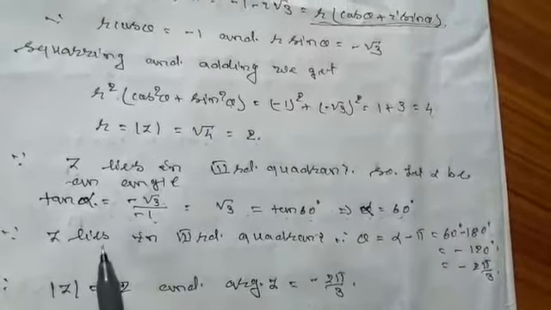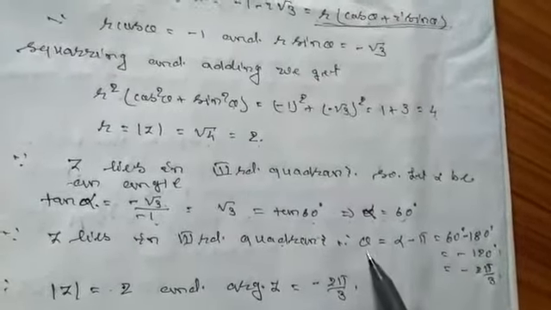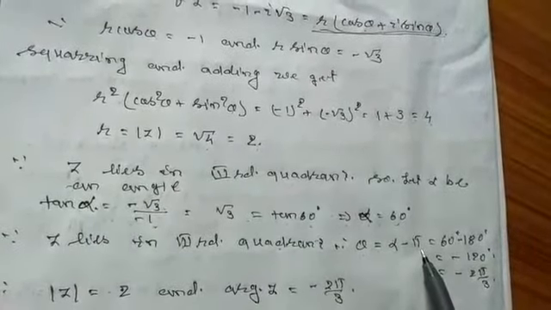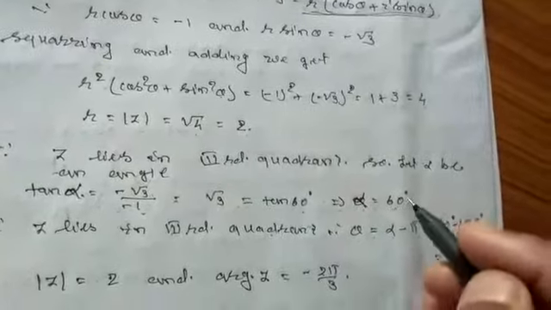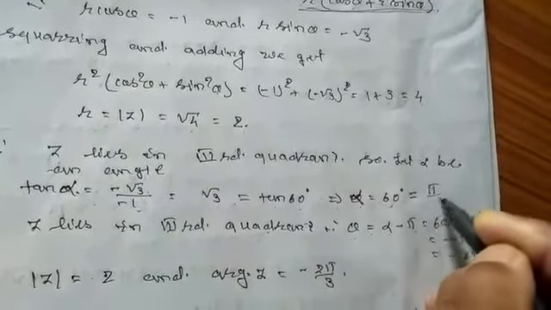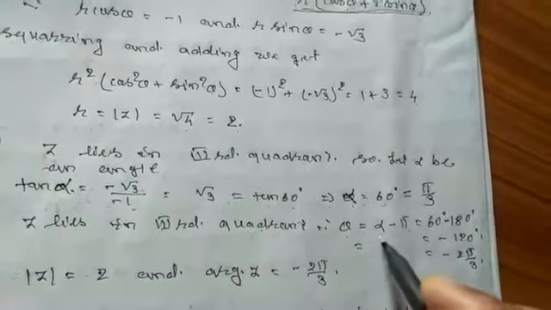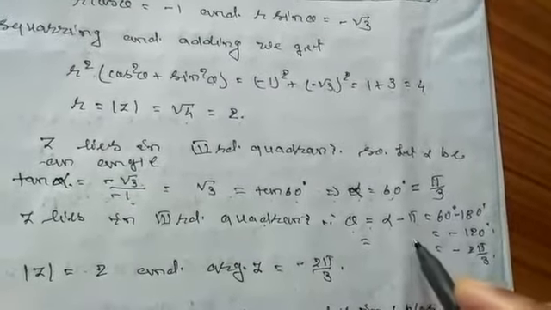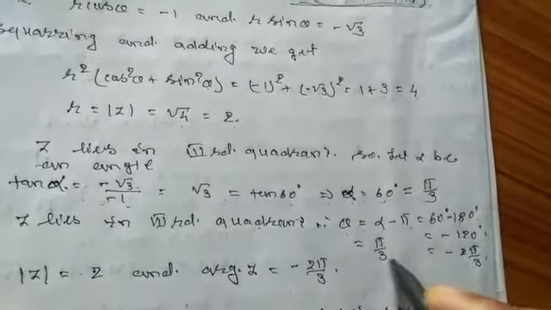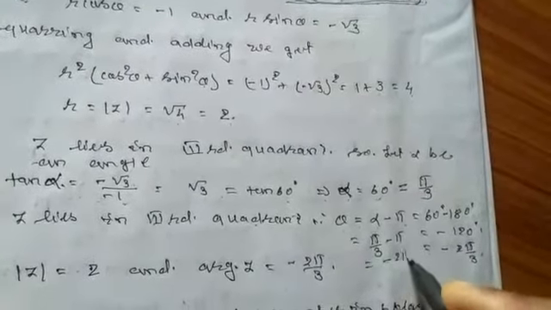But since z is lying in the third quadrant, we have theta equals alpha minus pi, where alpha equals 60 degree, that is pi by 3. So when theta equals alpha minus pi, because it is lying in the third quadrant, pi by 3 minus pi will become minus 2 pi by 3.